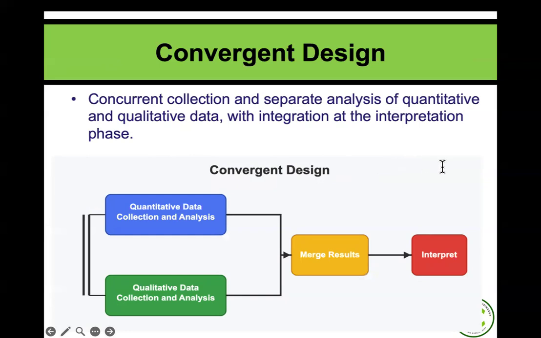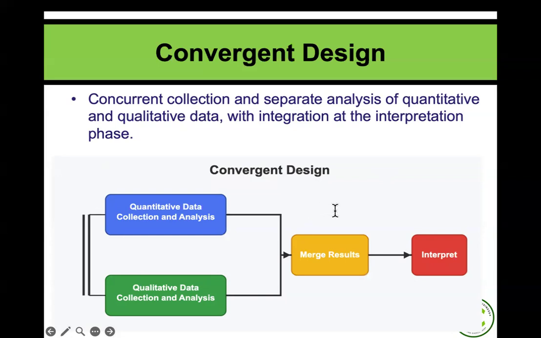The convergent design is one of the most straightforward, but yet powerful mixed methods approaches. As you can see in the diagram, this design features a parallel stream of research that will eventually come together. So one, there's concurrent data collection.